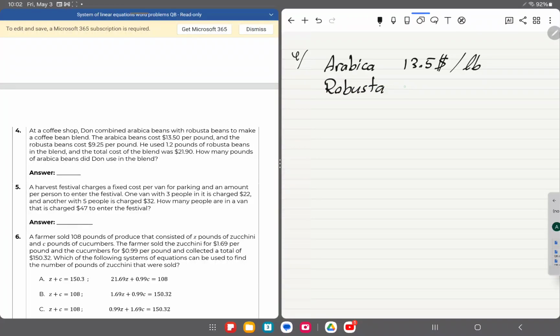And the Robusta beans cost $9.25 per pound. Now he used 1.2 pounds of Robusta beans.